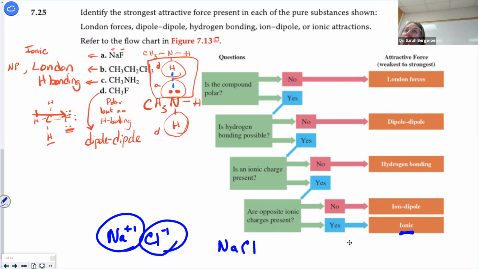The salt would be dissolved by the water. Why? Because of ion-dipole interactions. What are ion-dipole interactions? An interaction between something that has an ion, so let's just say NaCl, we have two ions here, and something that has a dipole. Does water have a dipole? Yeah, absolutely.